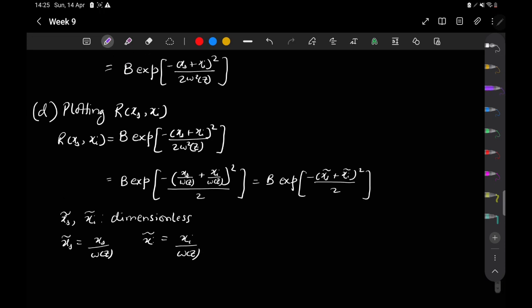What we can note from this exponential is that if signal is at x, then idler will be at negative x and it will have a width of omega z.